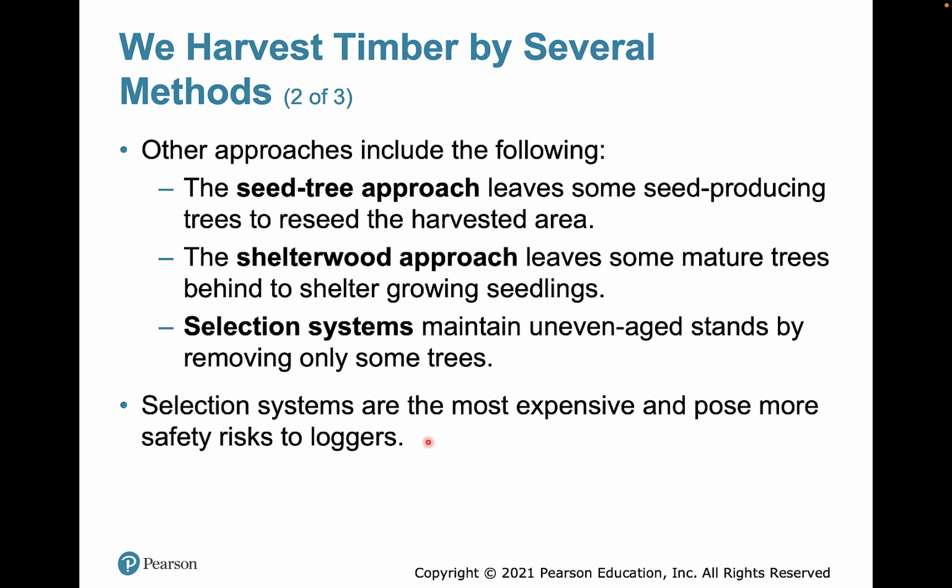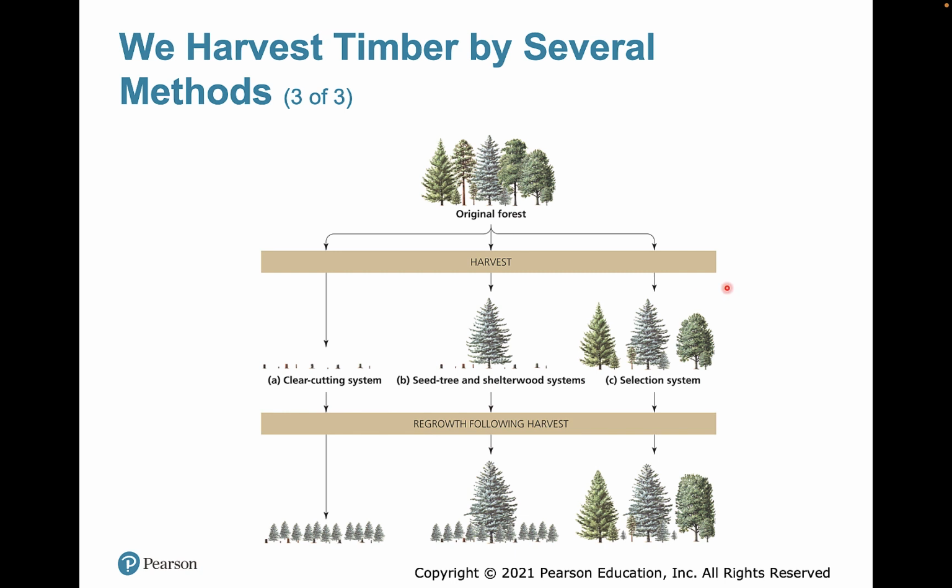And really, in terms of safety risks to the loggers, it is more dangerous, okay, because if you have a tree that doesn't fall the right way, it can hurt people, or it can knock another tree over, which can hurt people. So it's actually a lot more dangerous. And then these are different ways to harvest. It's a visual representation of the different ways that we talked about.